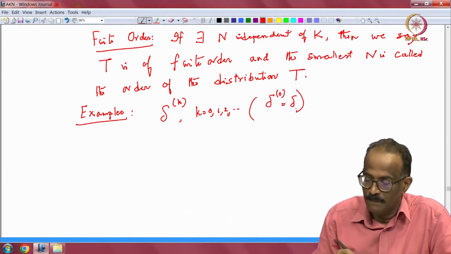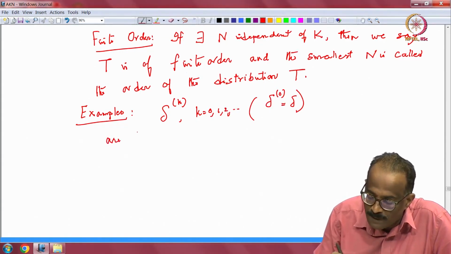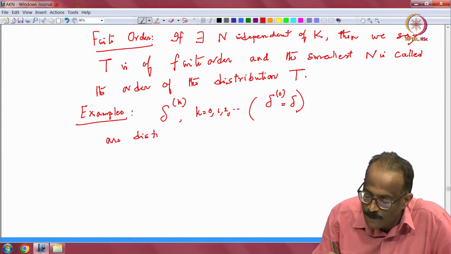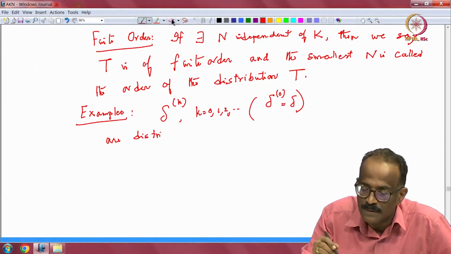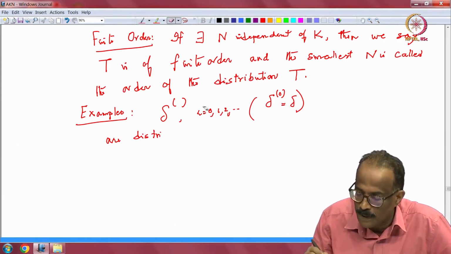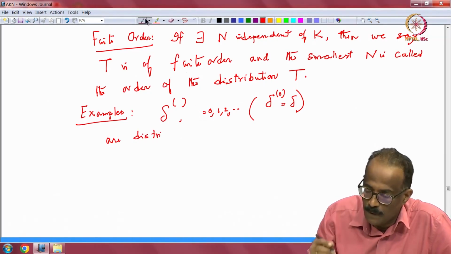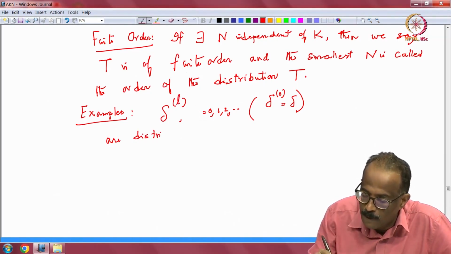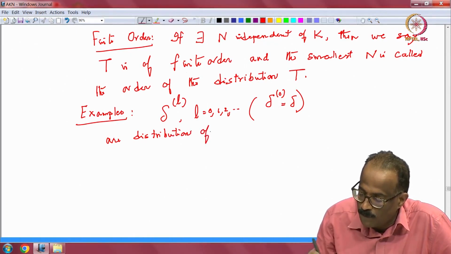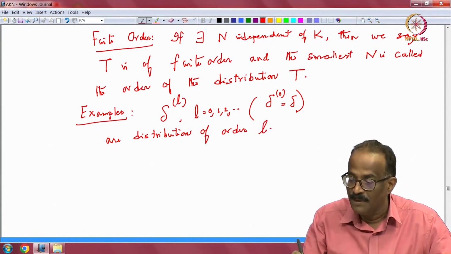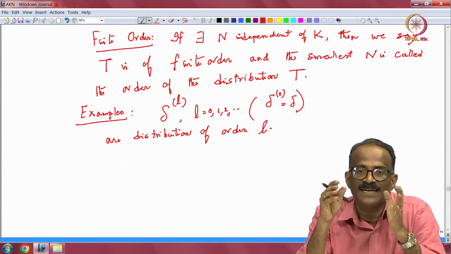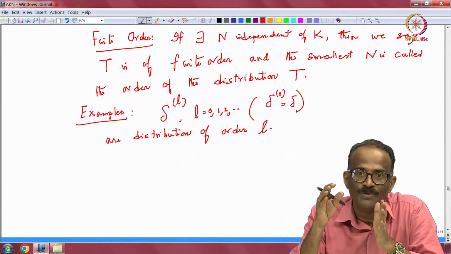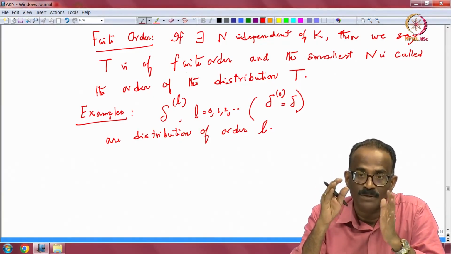These are distributions of order, let me use another notation to avoid k, L. To estimate delta phi, it is modulus of phi at 0, so you need the knowledge of only phi.